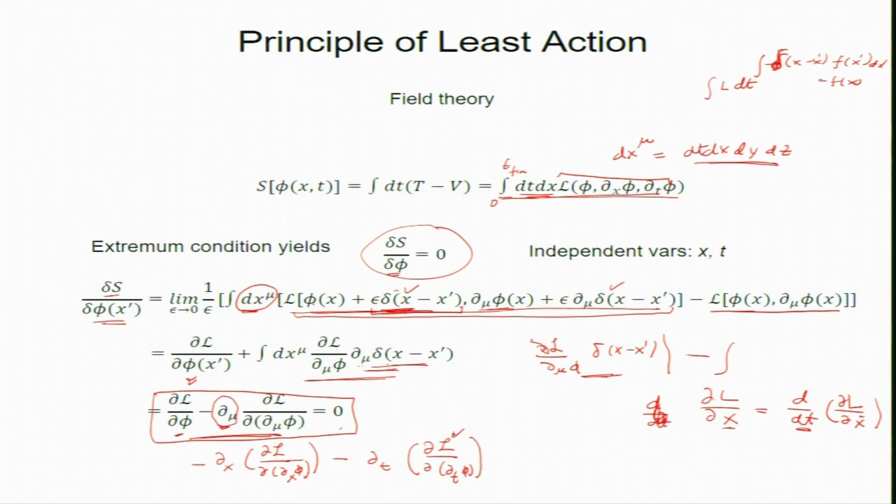Remember, the Lagrangian density is a function of phi, d phi by dx and d phi by dt, so I need both these terms. For a particle there was only one independent variable, time, but here I have 2 independent variables for phi, x and t.